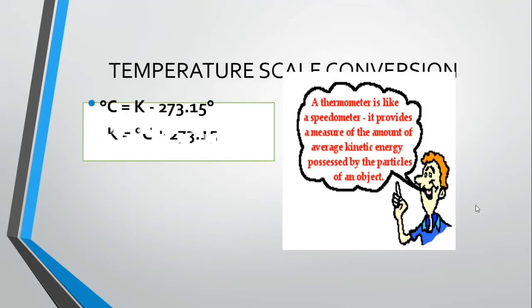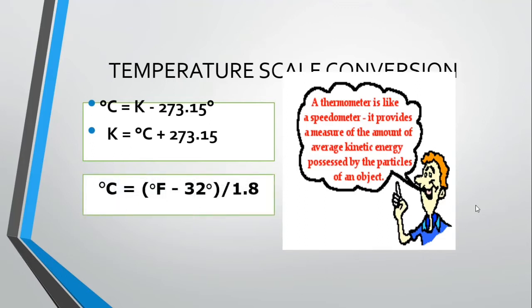Okay, when we say thermometer, it's actually acting like a speedometer because it provides us with a measure of the amount of kinetic energy of the translational motion of the object. Now we have here temperature scale conversion. If, for example, you're given Kelvin, you just subtract 273.15 to get degrees Celsius. And then vice versa, if you're given degrees Celsius, you simply add 273.15 and then you will have Kelvin scale.